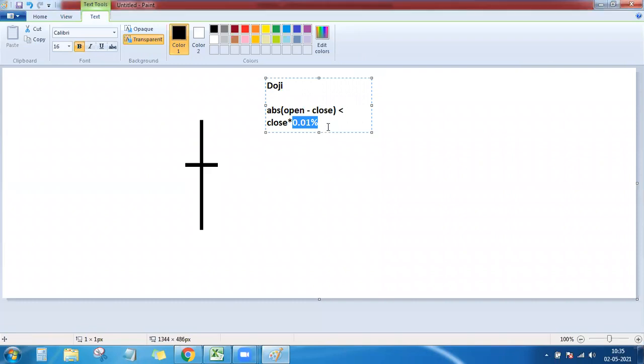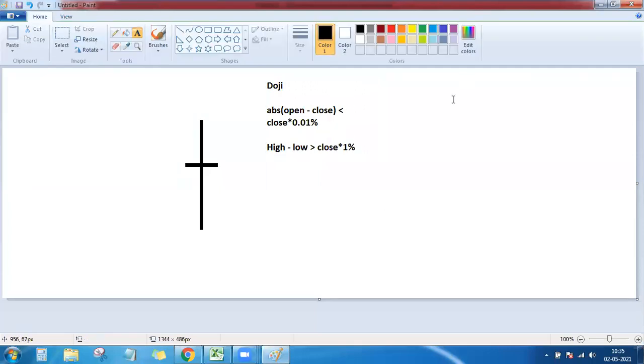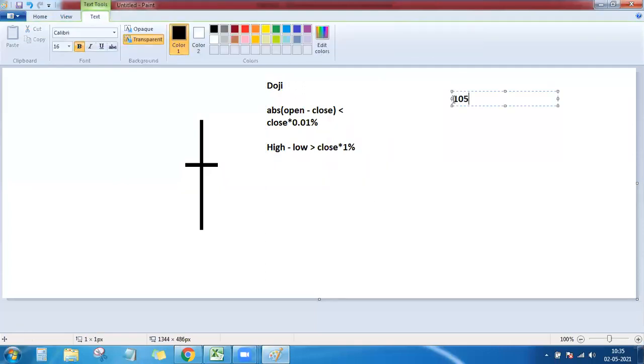Then, so till now you have talked about only the body. Now you have to talk about the distance between this high and this low. So high minus low, it should be greater than close multiplied by 1%. So let's say the high is at 105 and the low is at 100 rupees.